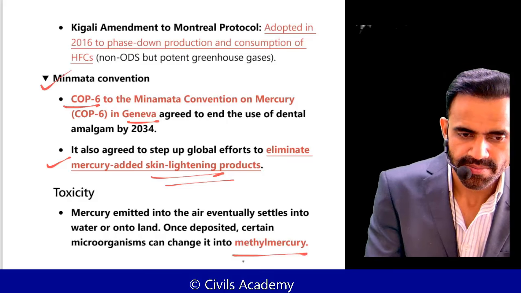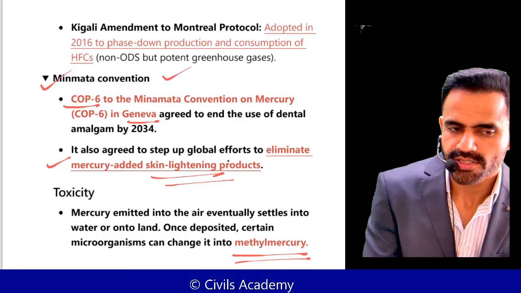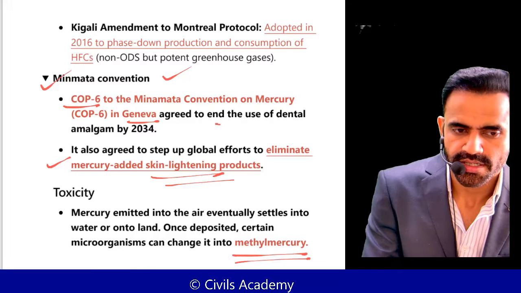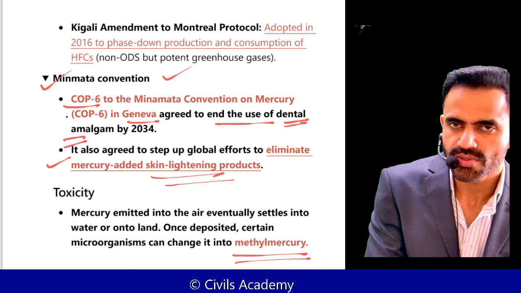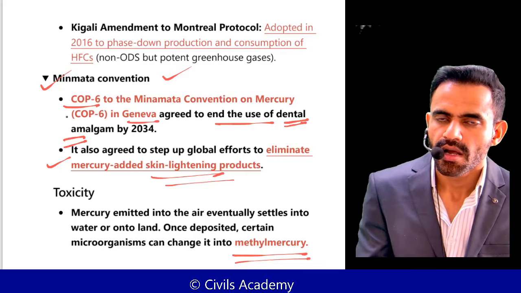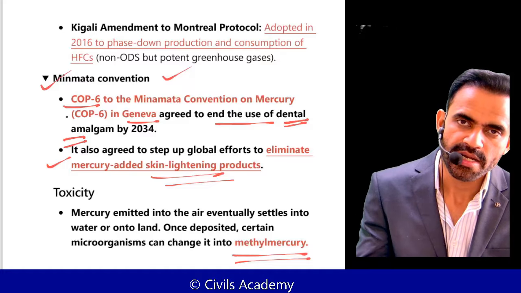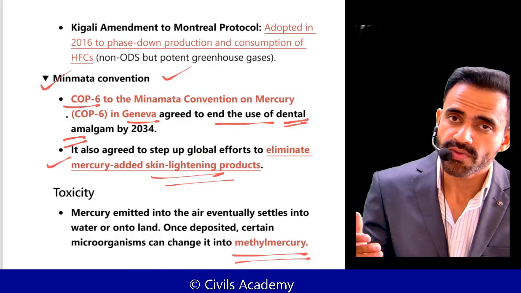So methyl mercury is toxic, and that's why, to deal with this issue, we have this Minamata Convention. In this recent COP6, the countries agreed to end the use of dental amalgam. Why end this use? In a very simple sense, this usage will produce mercury toxin, which will lead to methyl mercury.